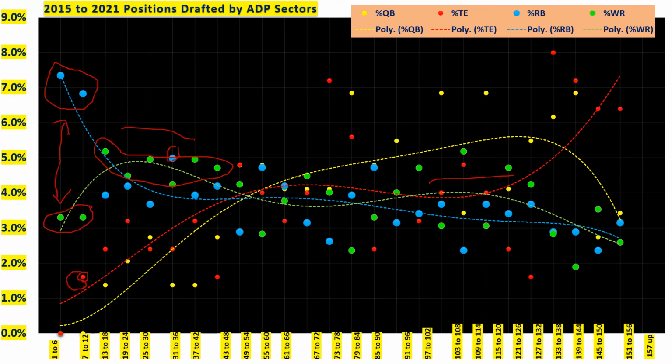The quarterbacks are slower by draft slices, and about the 5th round right here, you see how the red and the yellow cross at this slice. It's 55th through 60th right here.